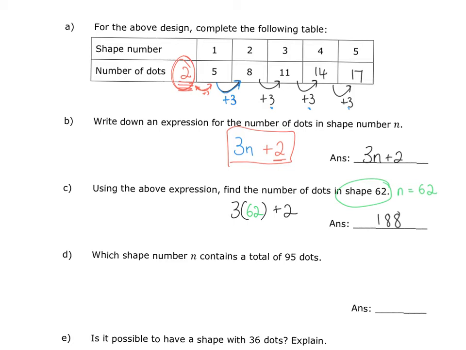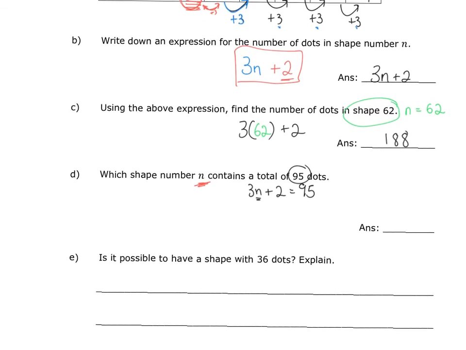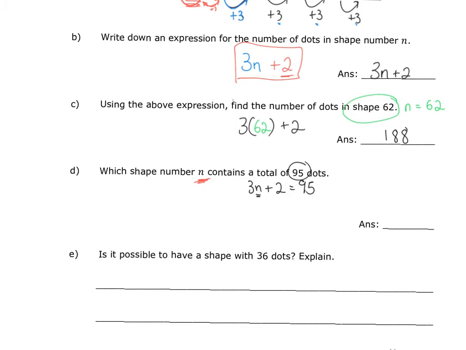Now, which shape number n has a total of 95 dots? So this time, okay, I need to find n. So if we have 3n plus 2, when we work it out using n, which I have to find, I know that I get 95 dots. Okay, and we have to find n. So we have to work out using subject of the formula.